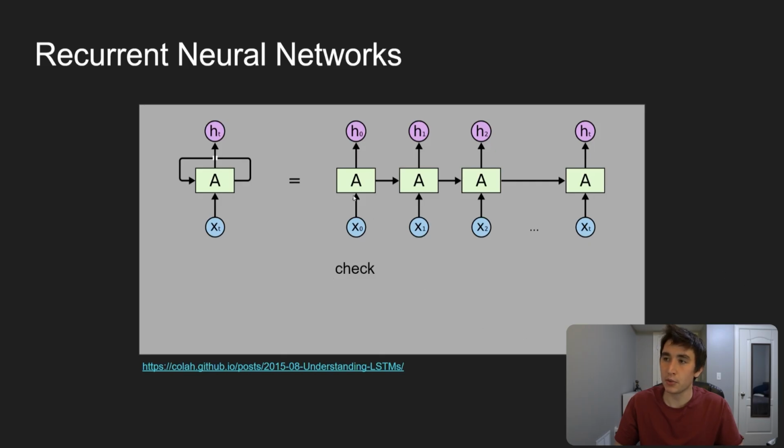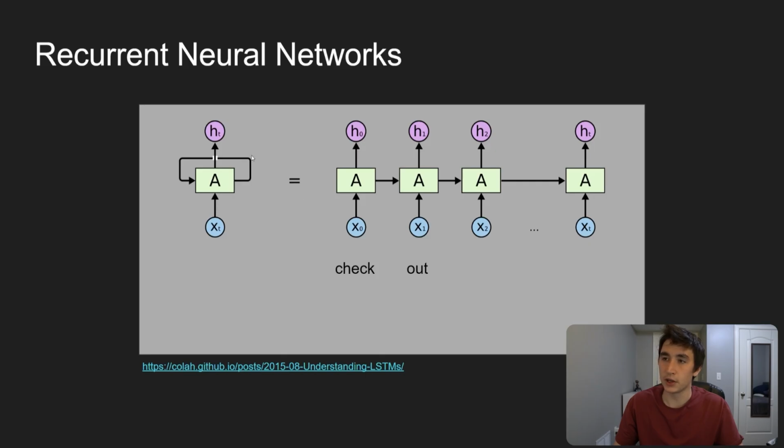The network would process it and produce a hidden state based off of it, and also feed that hidden state to the next layer of the recurrent neural network. So maybe the next word is out. And so now we have check and out all feeding into the same network.